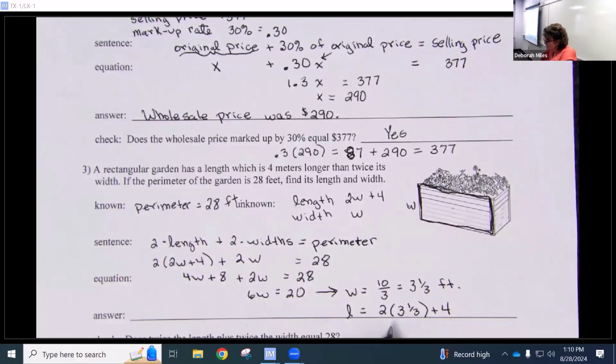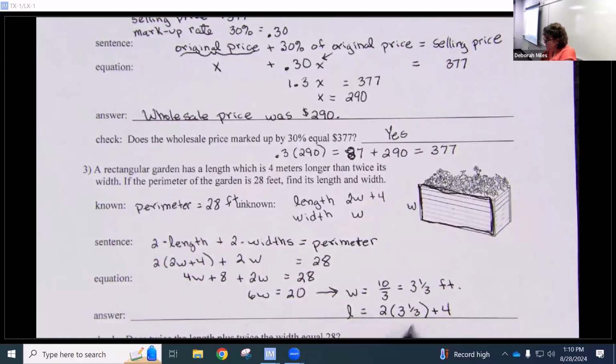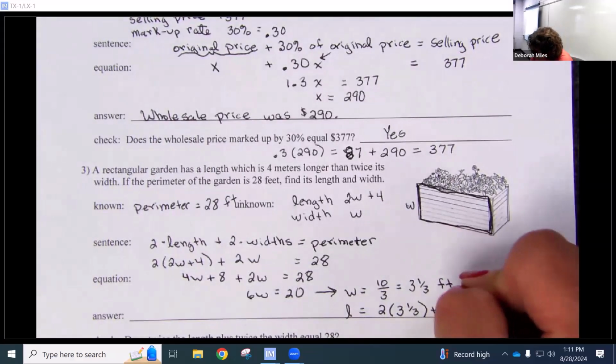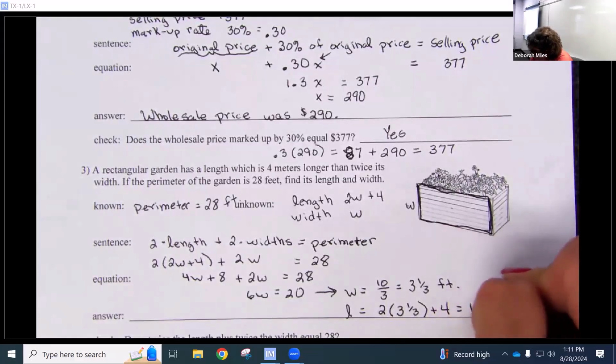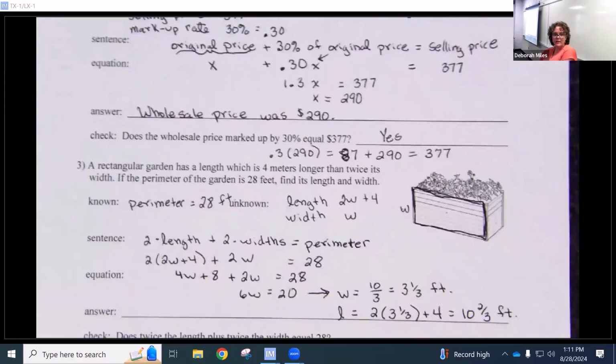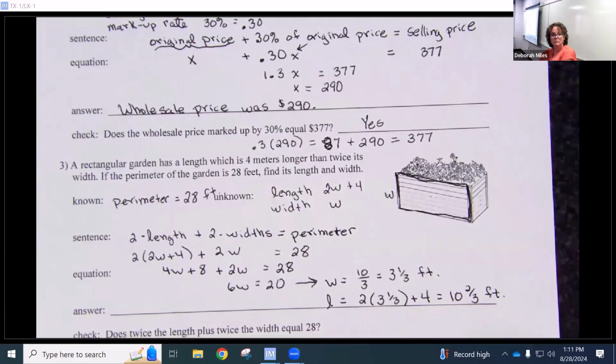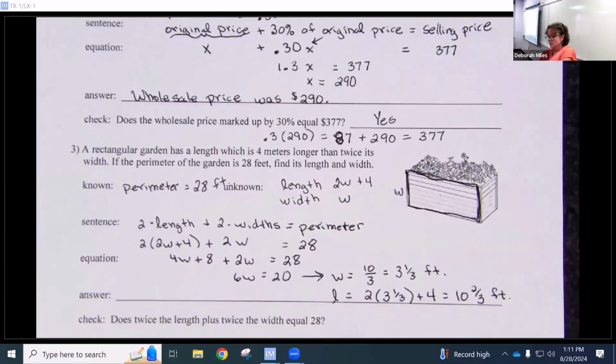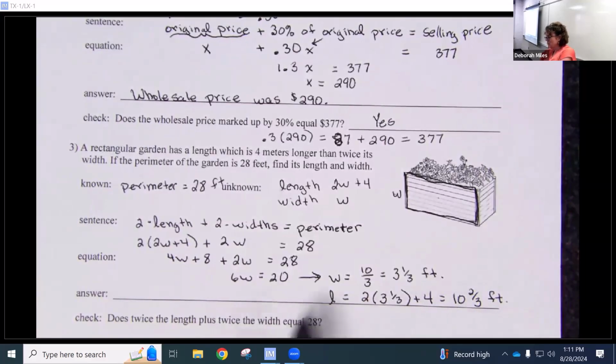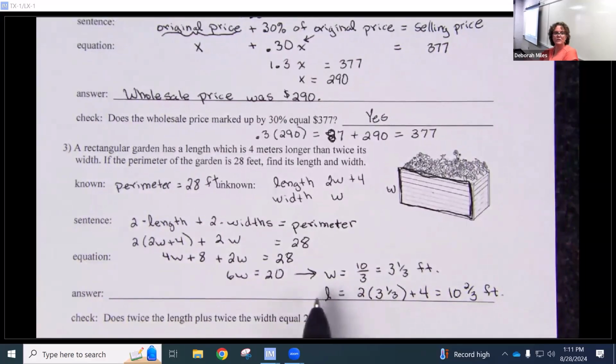And that should be 6 2/3 plus 4, which would be 10 2/3 for the length. I put my units on there, and using W and L, you can tell which one's the width, which one's the length, so I'm not going to write a complete sentence there.